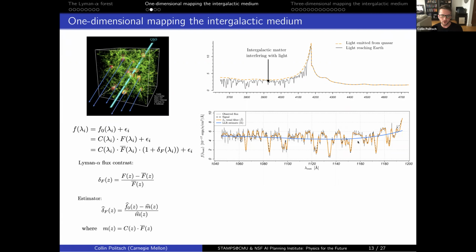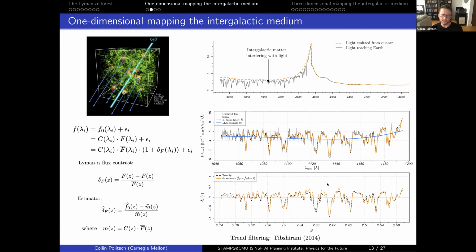Then you take the ratio of these two things and you subtract 1. In my thesis and these published papers, we show that trend filtering is a very good estimator. The canonical reference is Ryan Tibshirani, 2014. Based on this plot, at least in this case, it appears to be a very good estimator of the Lyman alpha flux contrast.